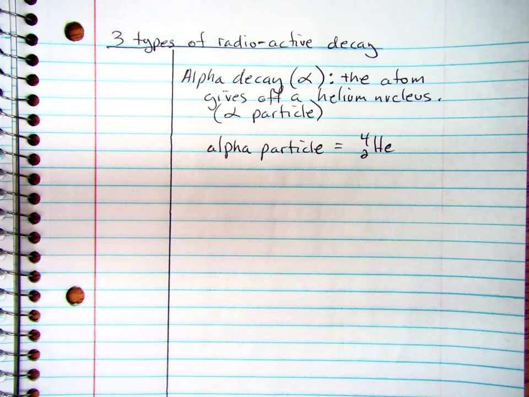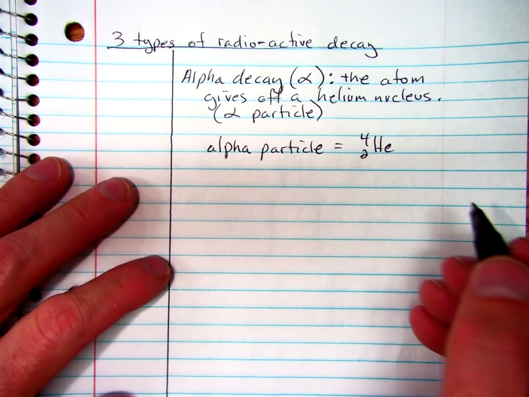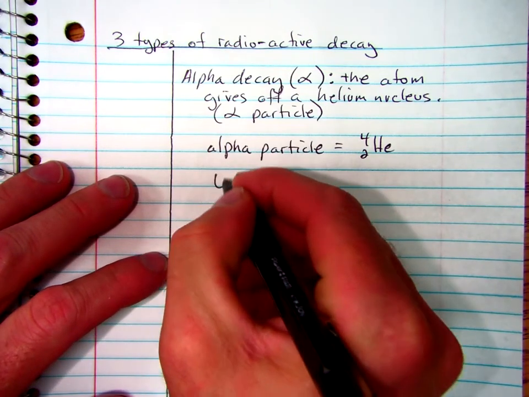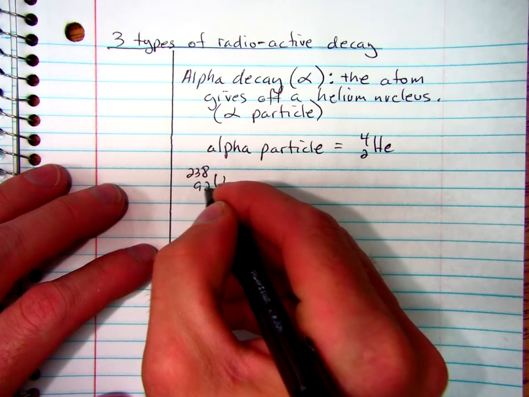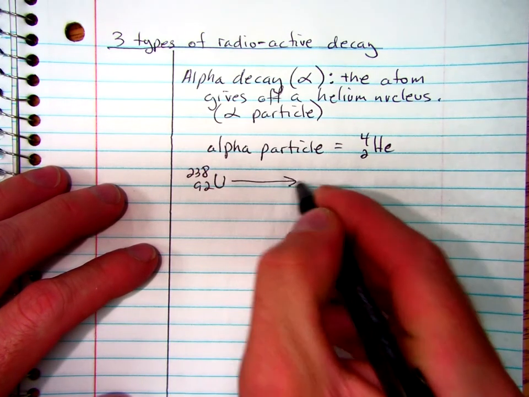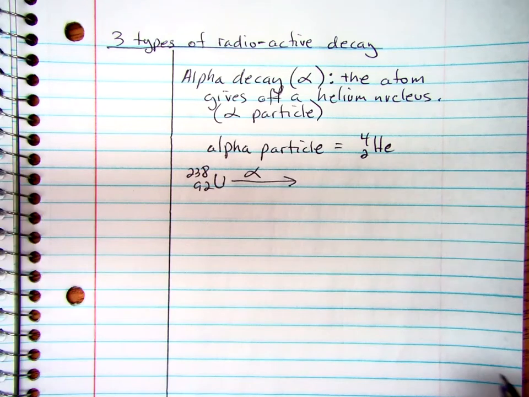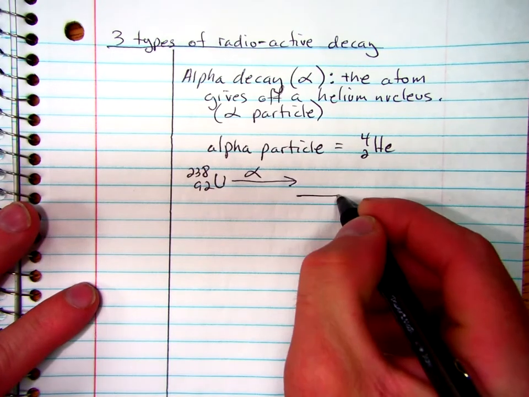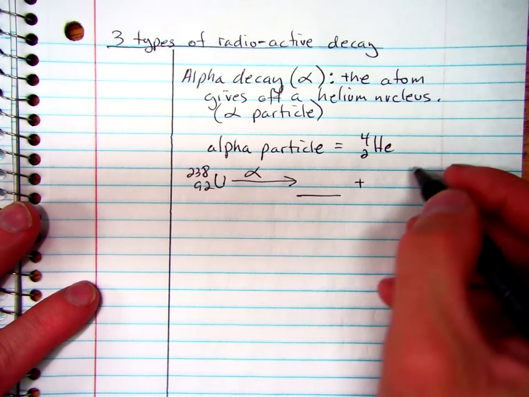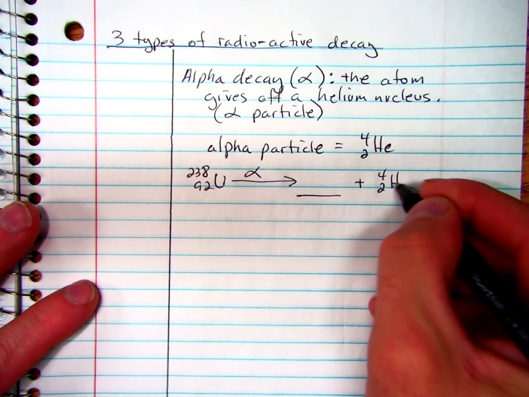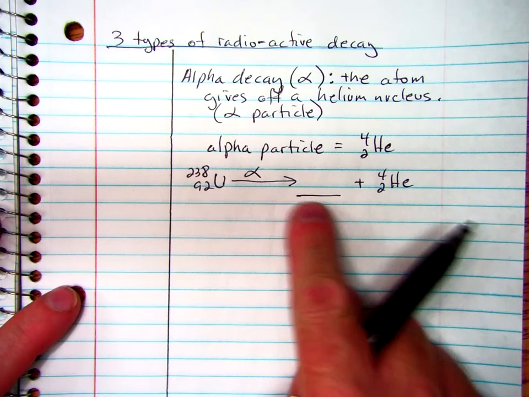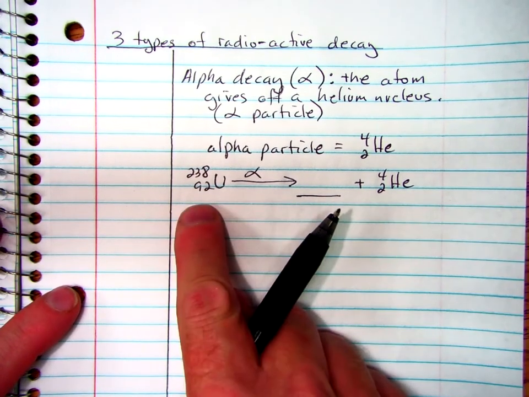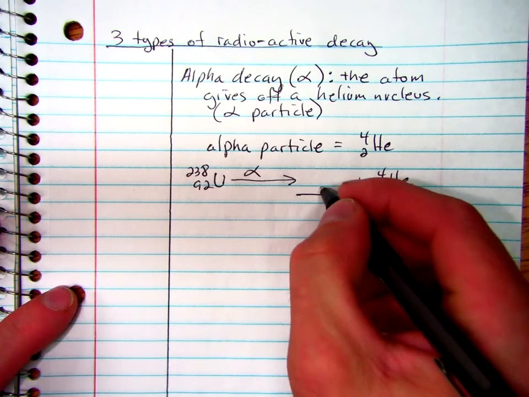Okay, an example of alpha decay. If you have uranium-238 and it undergoes alpha decay, you end up with some particle plus the alpha particle. You've got to balance both sides. So what plus 2 equals 92? Well, it's 90, of course.